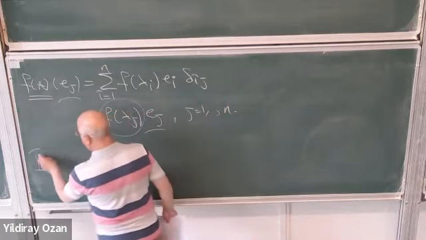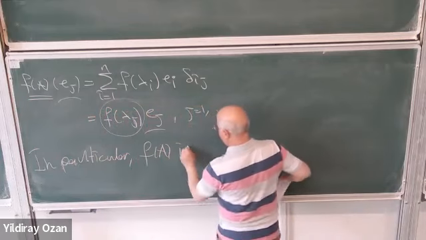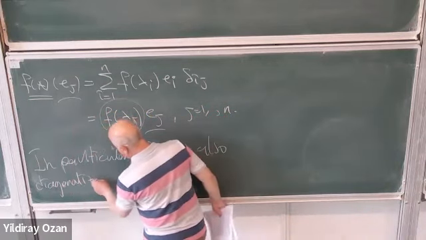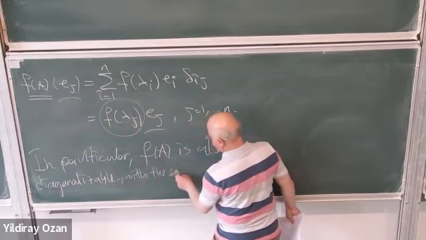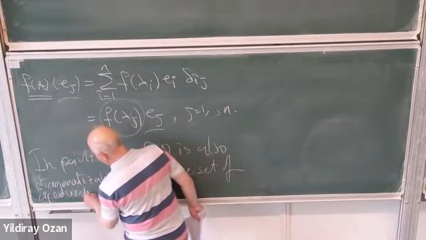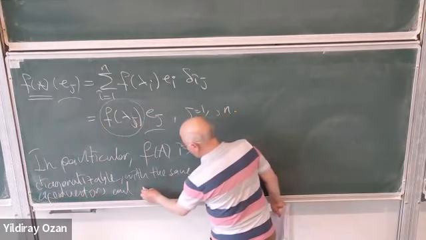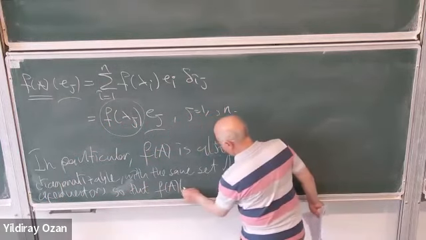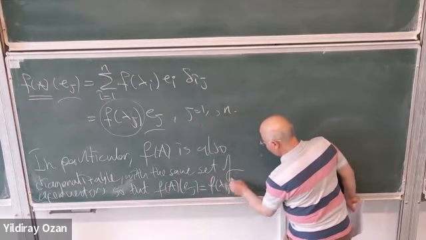So, in particular, f of A is also diagonalizable with the same set of eigenvectors, and eigenvalues, so that f of A of e_j is just f of lambda_j times e_j.